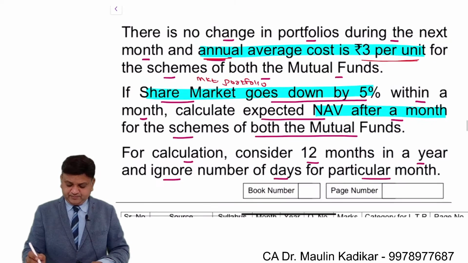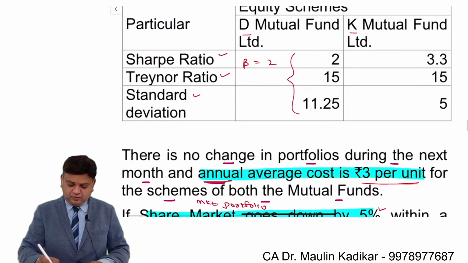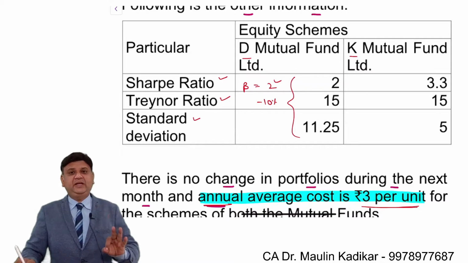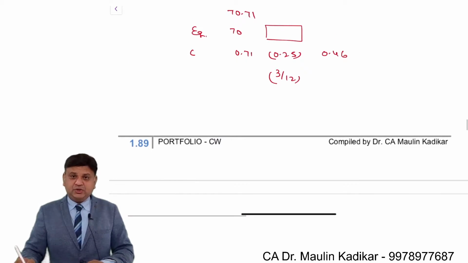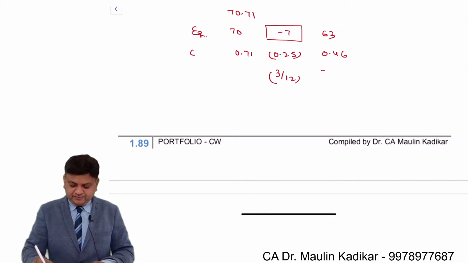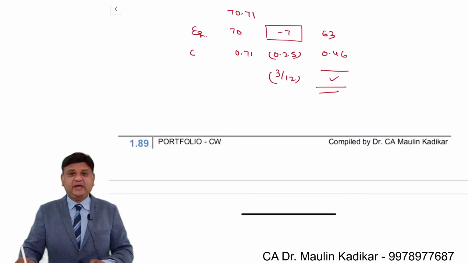Then 5 into 2 comes to 10%. It means the value of the equity share is falling by 10%. So 70 rupees minus 7, this will be 63, and accordingly we calculate the NAV per unit at the end of the month.